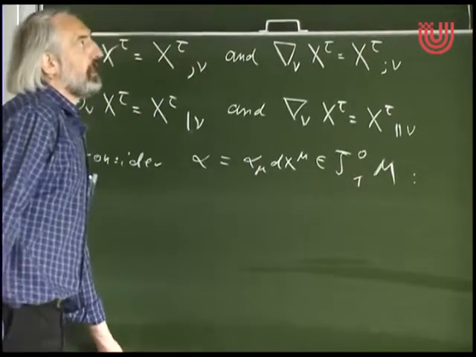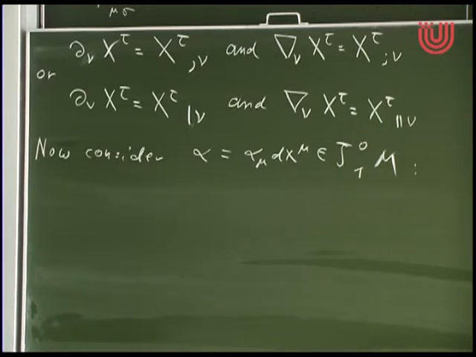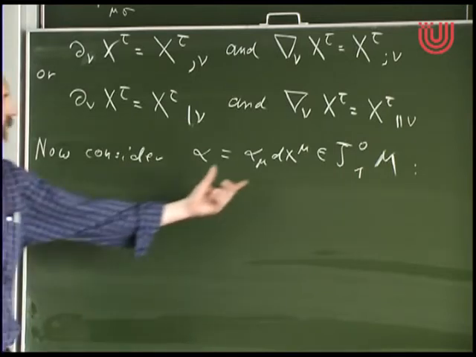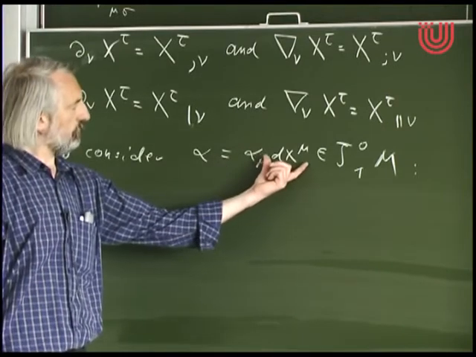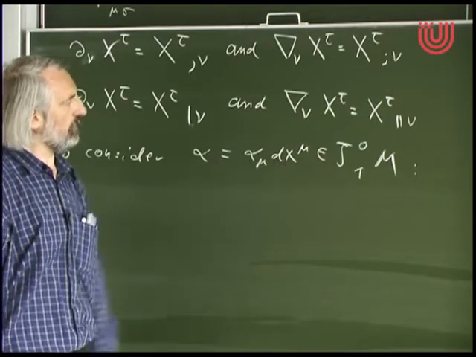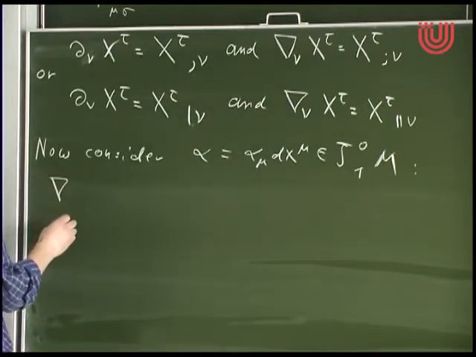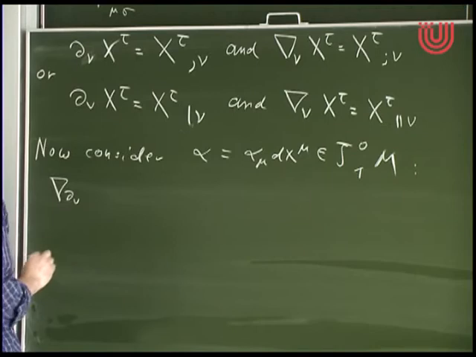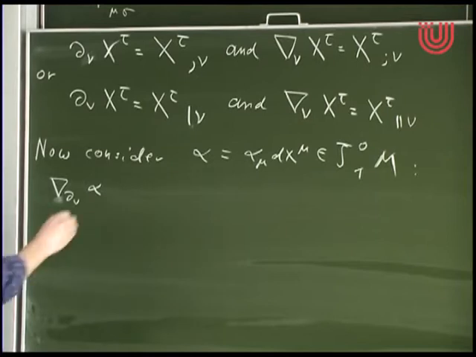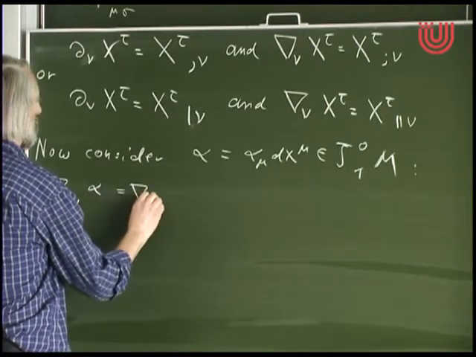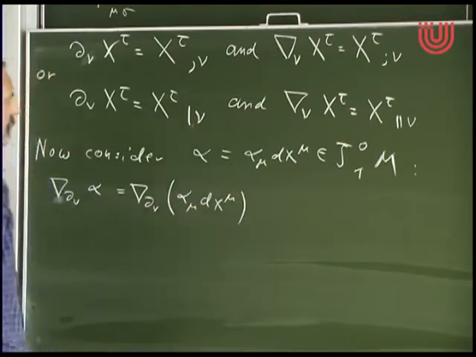I do the quite analogous calculation. I apply the covariant derivative operator in the direction of the basis vector field, and since I have covectors, I will write them as a linear combination of the covector basis. So I write down the expression del partial nu applied to alpha. What is this? This is del partial nu applied to alpha mu dx mu.